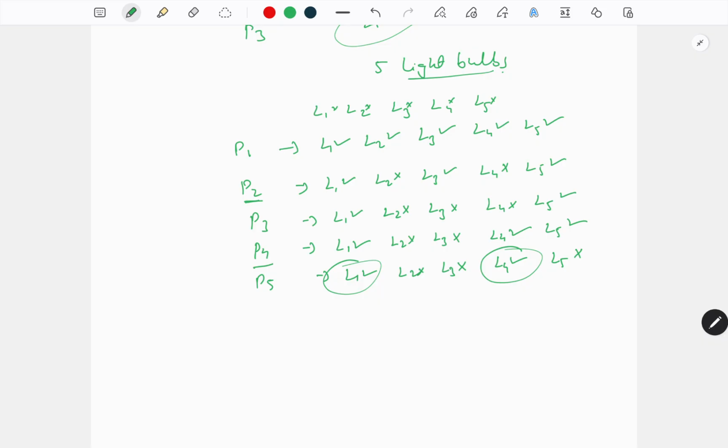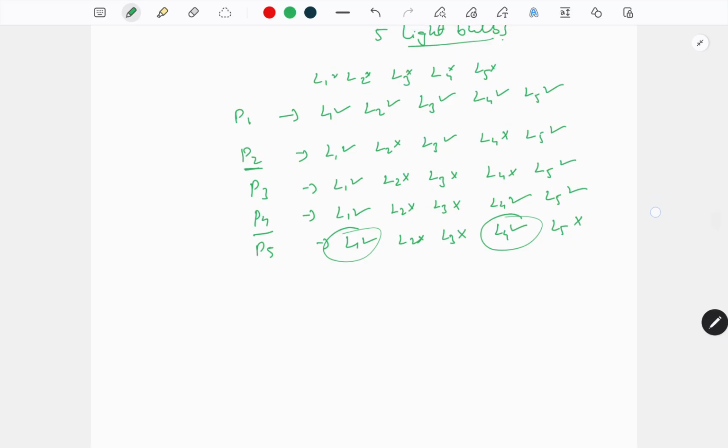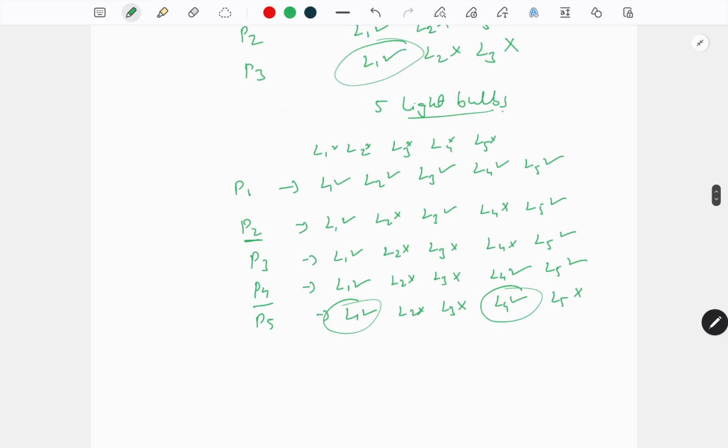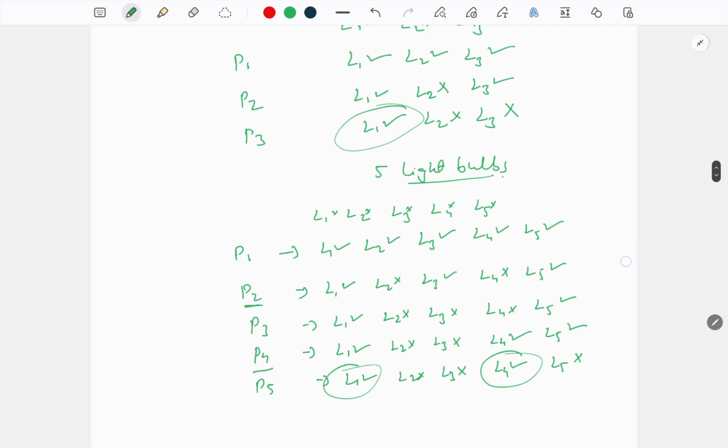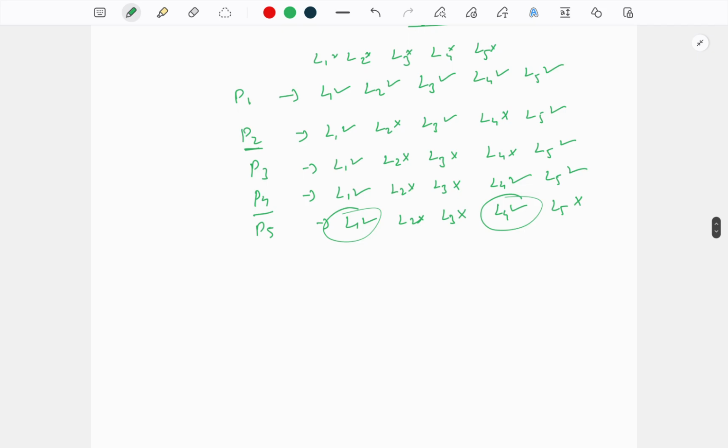You might have observed some pattern, but it is not yet visible. We'll try some more. Let's say there were 8 light bulbs, L1 to L8.